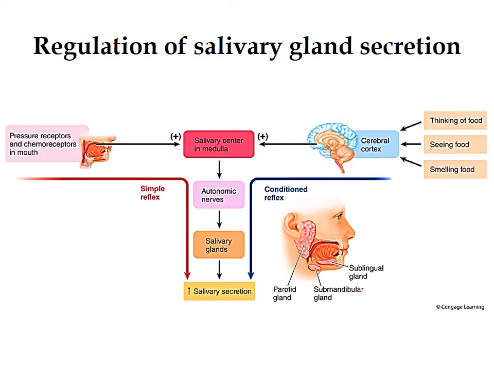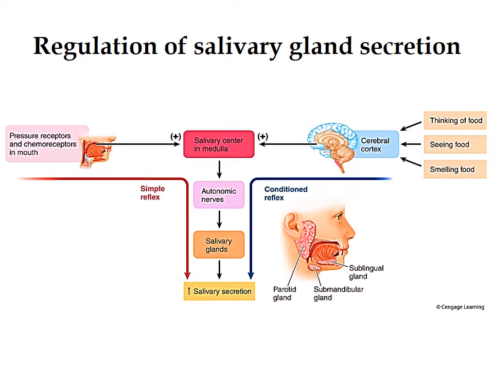The pressure receptors sense pressure, because the food is pressing against the receptors. Chemoreceptors, the taste buds on the tongue and around the mouth, sense the chemical substances in the food.